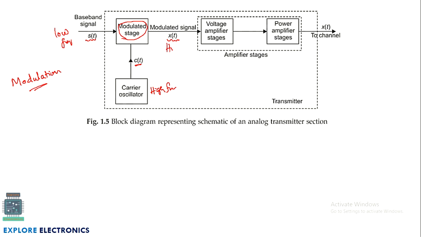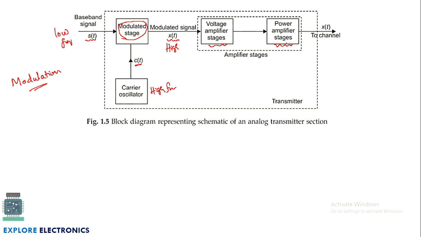This is obviously a high frequency signal, and that will be given to the amplifier stages. So we need to increase the amplitude. Sufficient amplitude is required to transmit to the channel. So voltage amplifier stages are there in the first stage, and at the next stage we will have power amplifiers. A power amplifier is going to increase both voltage and current.